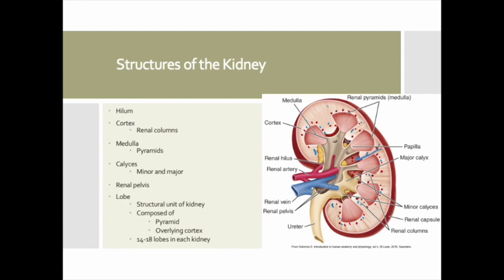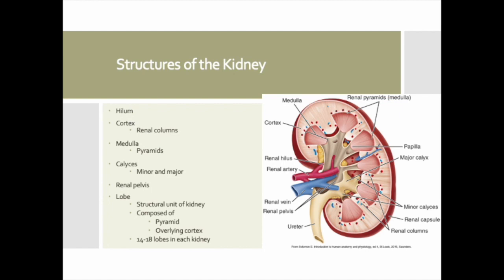We also have minor and major calyces, which are these chambers that help to collect or receive urine from the collecting ducts, and they form the entry into the renal pelvic area. The renal pelvis itself is an extension of the upper ureter.